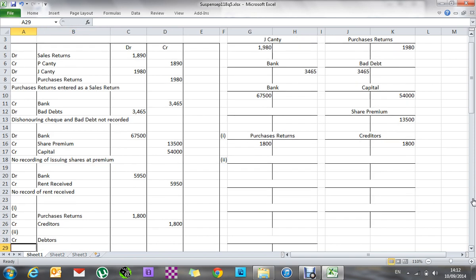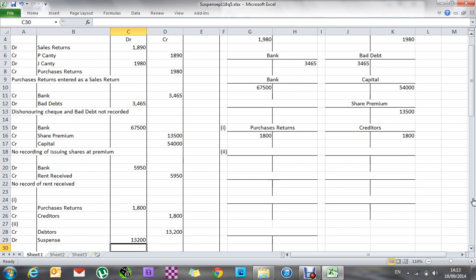And I know that the corresponding entry, because it was only one entry made, must be a suspense. So the credit in the debtors is 13.2, as listed in the question. All I've done is cancel the thing that I originally did, and I put the other entry in suspense, because that was the only thing that we did.